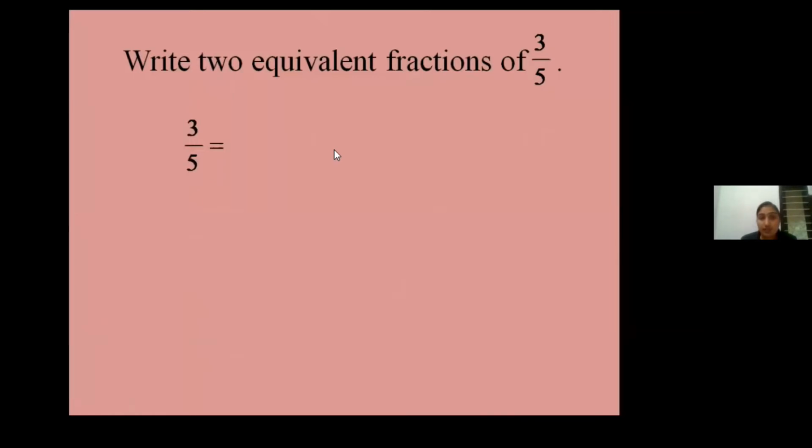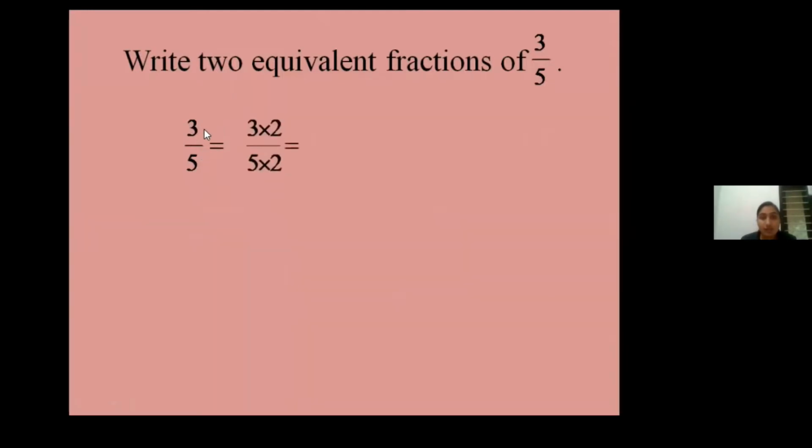We can rewrite the fraction, that is 3 by 5. In 3 by 5, 3 is the numerator and 5 is the denominator. So we have to multiply both the numerator and the denominator by the same number.